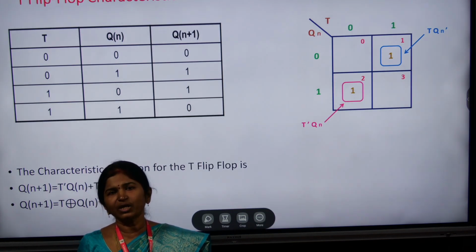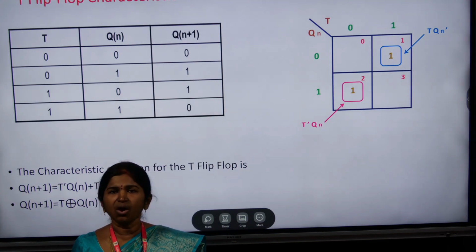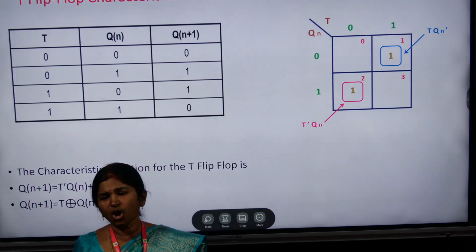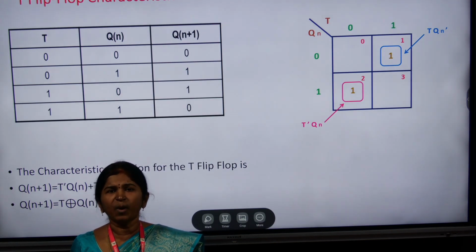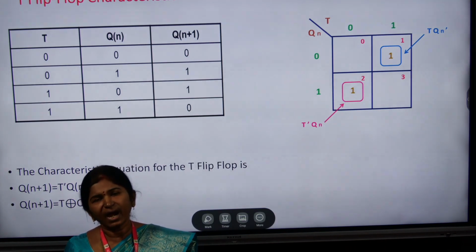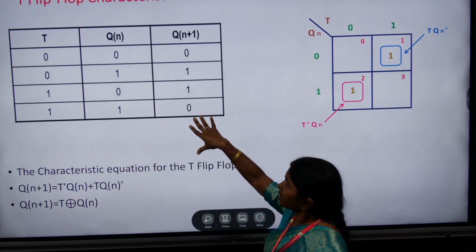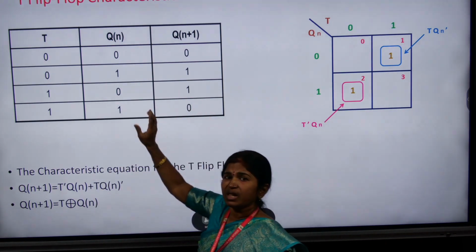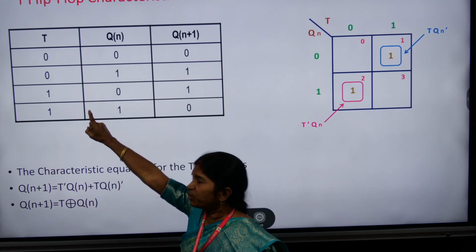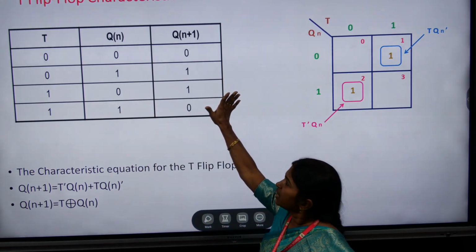Next, when I am giving the value as 1 to the T flip-flop, then the toggle condition will occur, that is, Q of T plus 1 is equal to Q bar T, that is, in the output the present state value is inverted and is shown in the output. So next, coming to the characteristic table, here also we will be taking the one input, and Q of n represents the present state, Q of n plus 1 represents the next state.